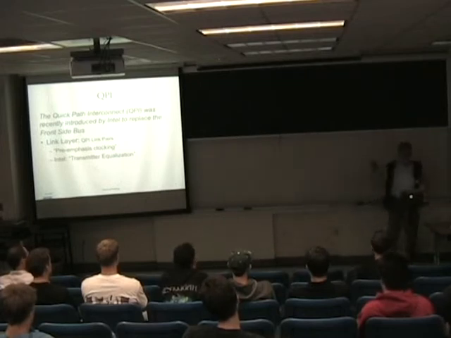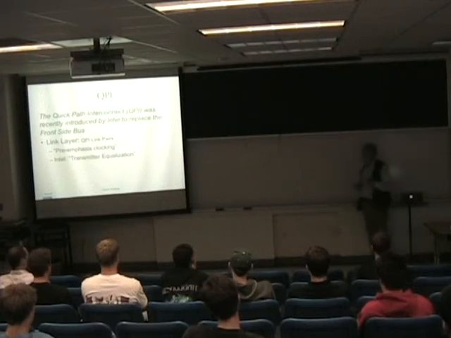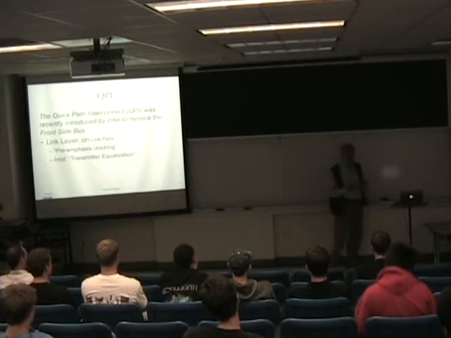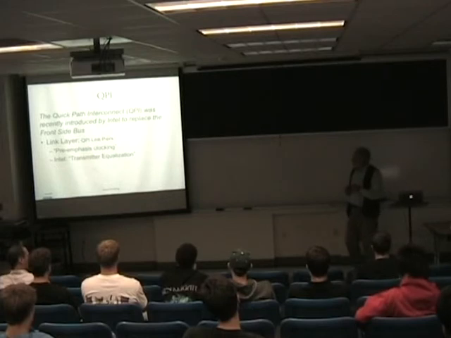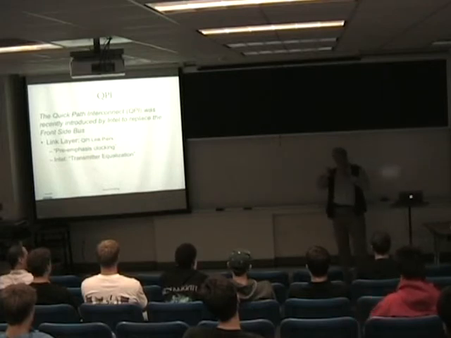It's now to the point where a wire a couple of centimeters long is long enough to exhibit these transmission line characteristics. So what we see is a fairly ugly signal.